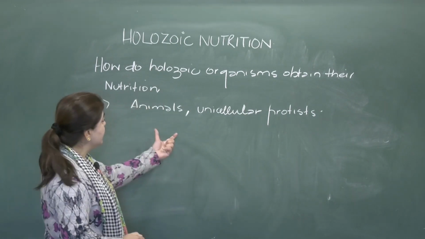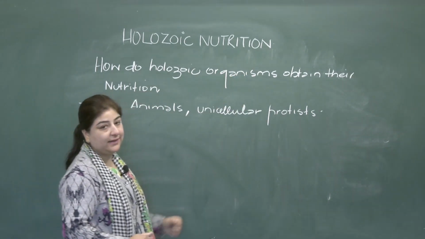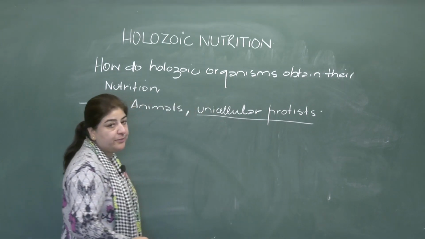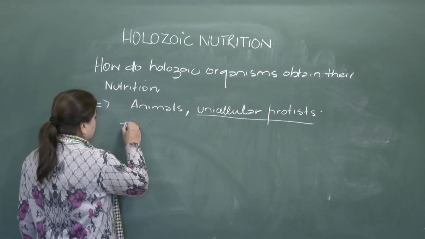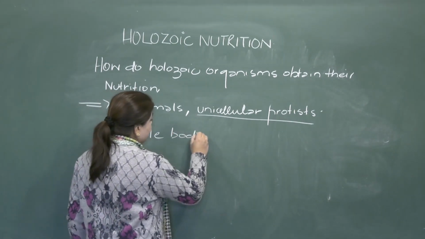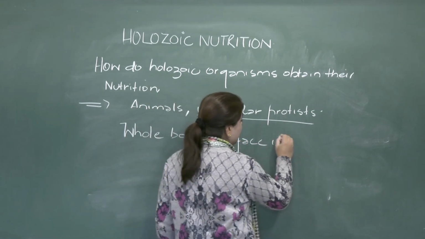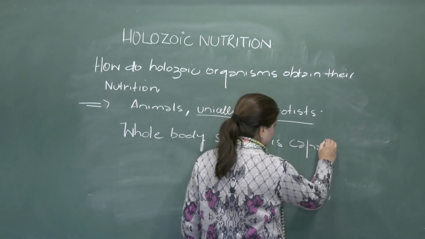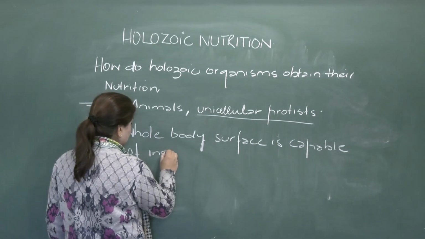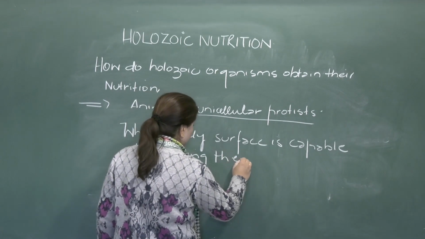Now the question arises: how do these animals or unicellular protists obtain their nutrition? In unicellular protists, the whole body surface is capable of ingesting the food.